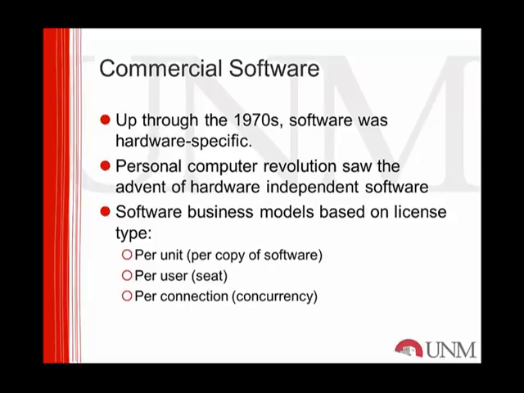Now, commercial software is produced to make a profit, and so there are a number of different licensing models. Something important to note is that with commercial software, you don't ever buy the software outright. The only way you own software outright is if you hire a programmer and develop the software yourself.